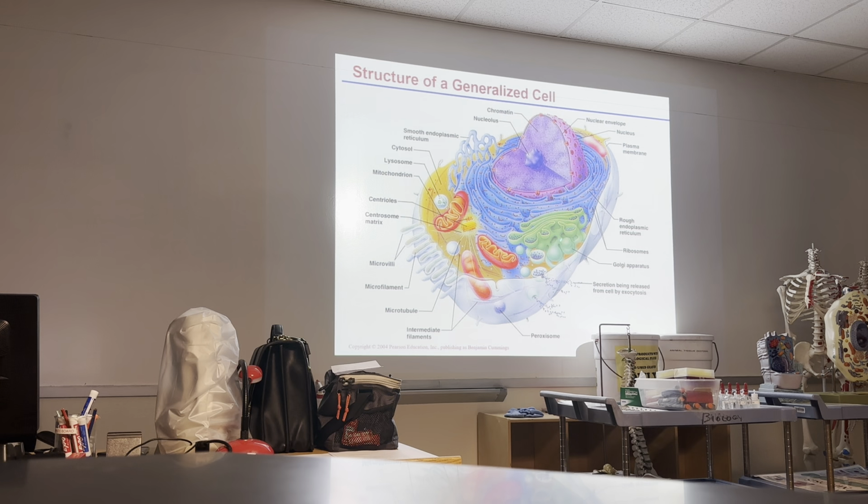And what are these green sections, this green fold? Golgi apparatus. Golgi apparatus is the UPS, FedEx of the cell. They package the protein, they label the protein, and they transport the protein.